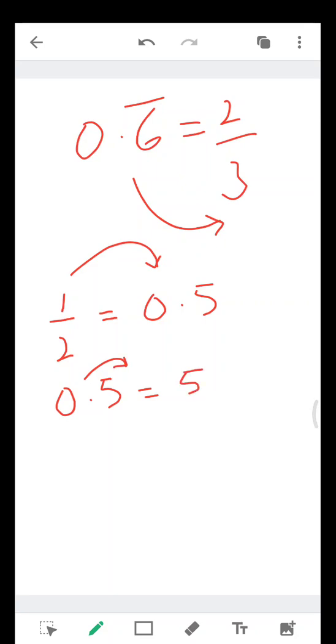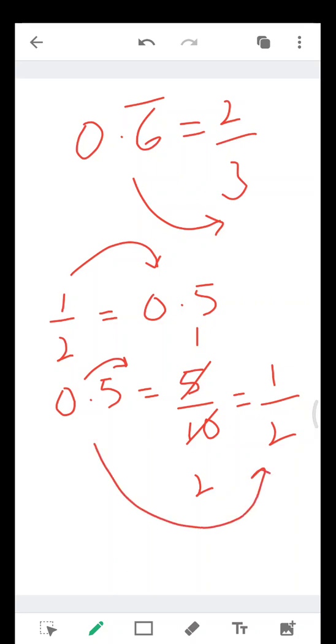I get 10 in the denominator, because I am moving one step. If I move 2 steps I get 100. If I go 3 steps I get 1000. That you have learned in fractions and decimals. So 5 by 10, when you cancel 5 one times, 5 two times, that is again 1 by 2. So listen carefully. 1 by 2 I converted to 0.5, and 0.5 I converted to 1 by 2 directly.